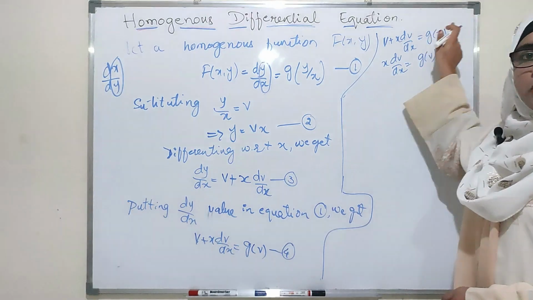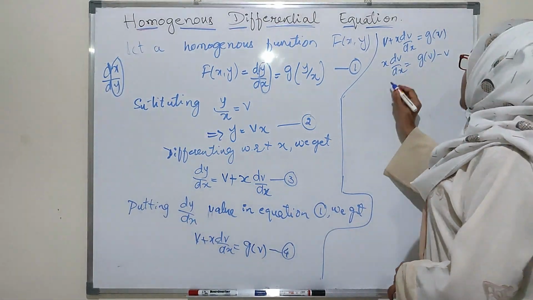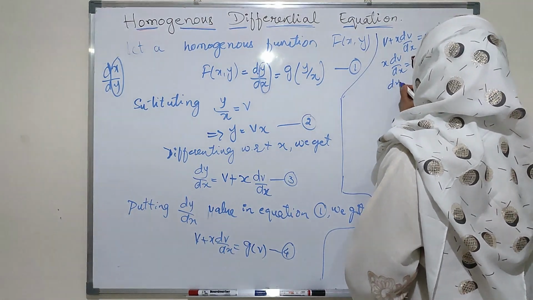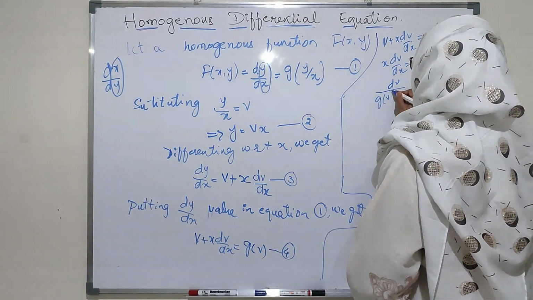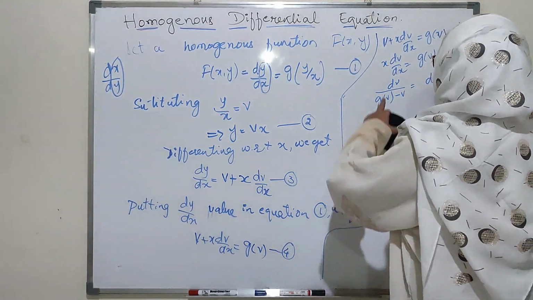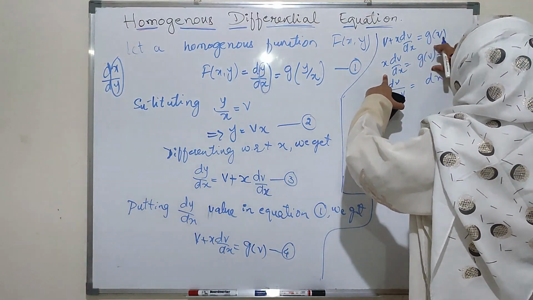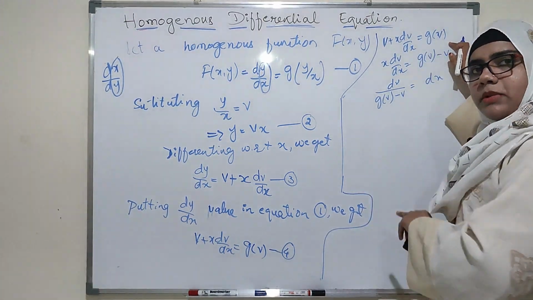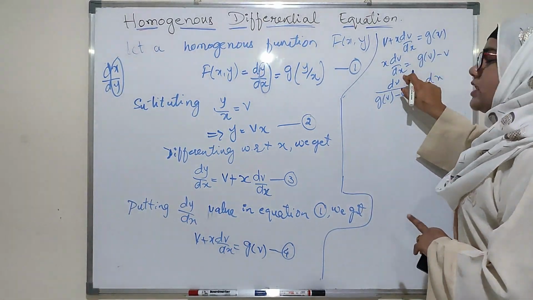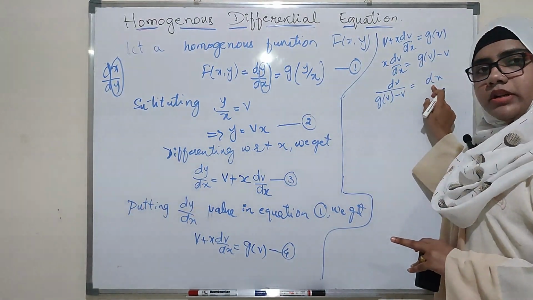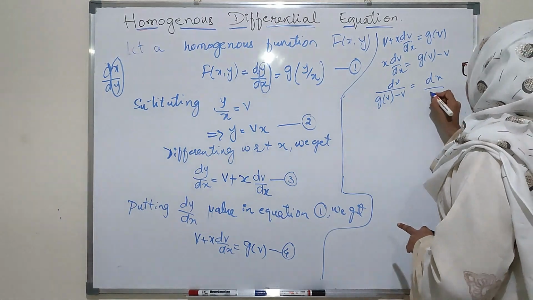I am taking this v to the other side, it becomes minus. Now we can take dv by g of v minus v equal to dx by x, taking the whole term in the denominator, and dx which was in the denominator goes up and becomes dx by x.